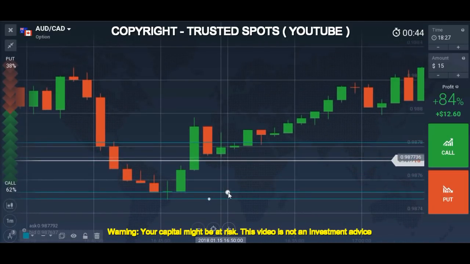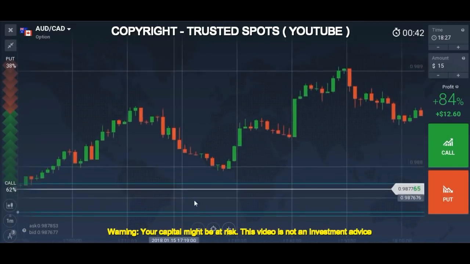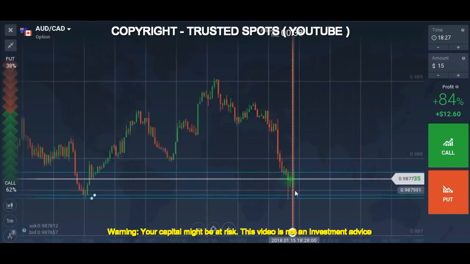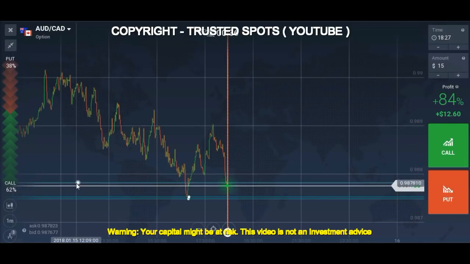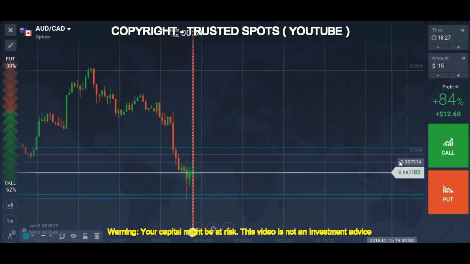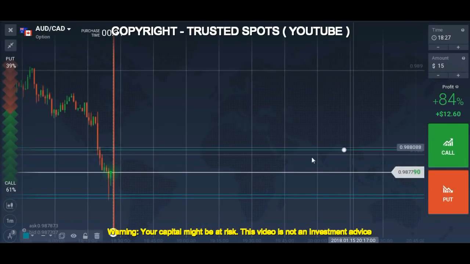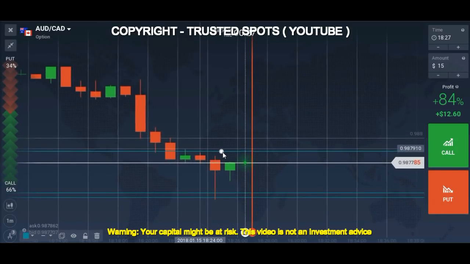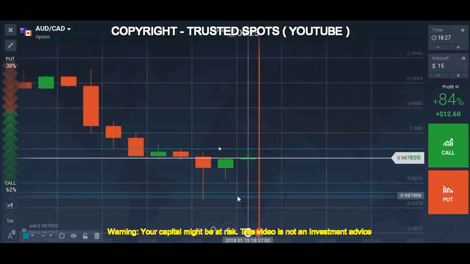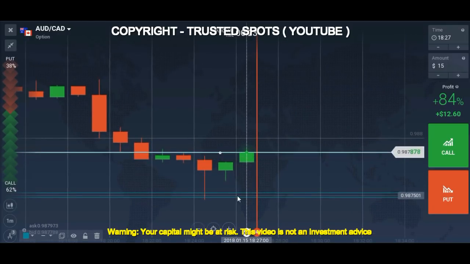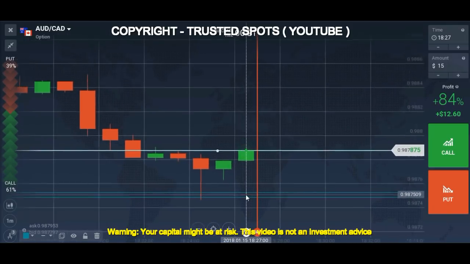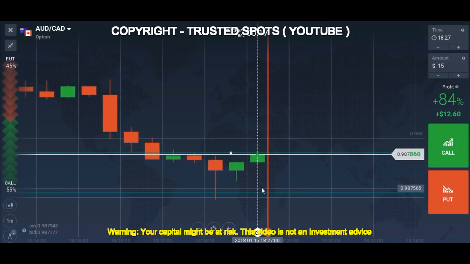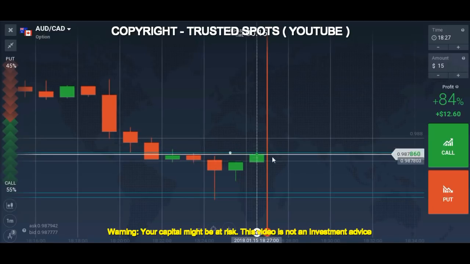Okay, let me make the whole area. So we have the whole area here, and I will draw the intermediate level, which is here. Okay, this is not that strong, so we will wait for this candle to close.